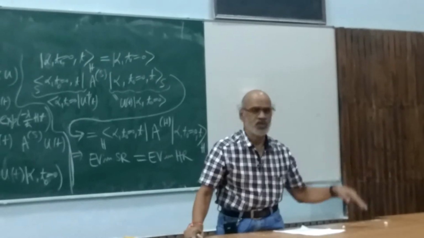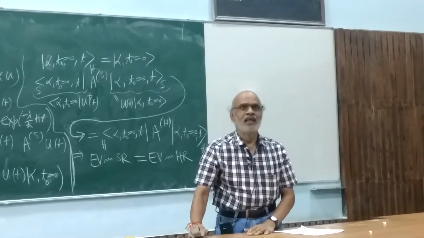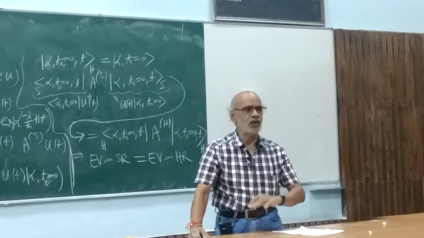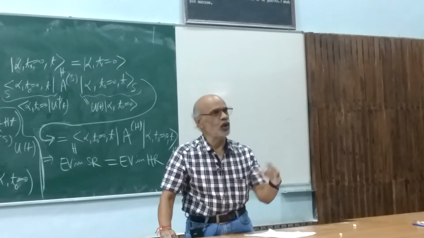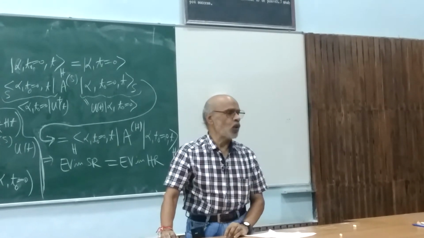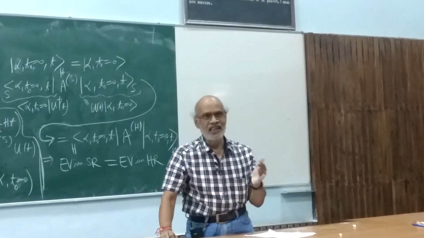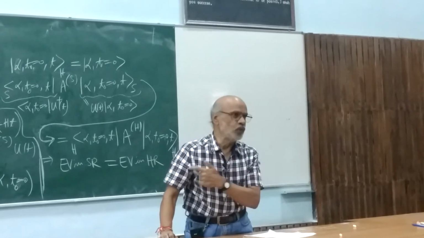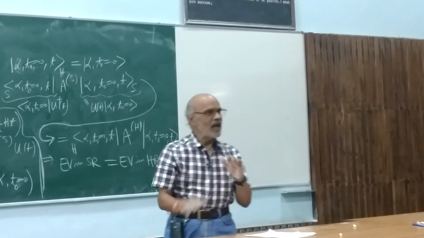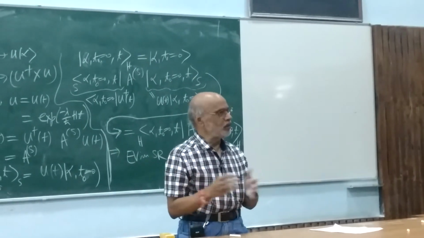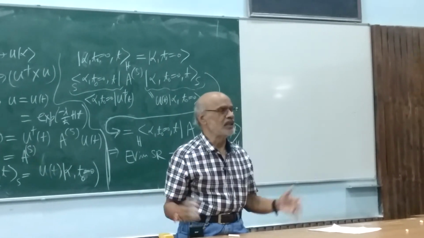They do not change. So I can say that the expectation value of an operator remains invariant with respect to different representations. In a short while, I would introduce one more representation, which is called the Dirac representation or intermediate representation or interaction representation. And you will find that the expectation value of an operator would again remain the same. So it would remain invariant in all the representations.